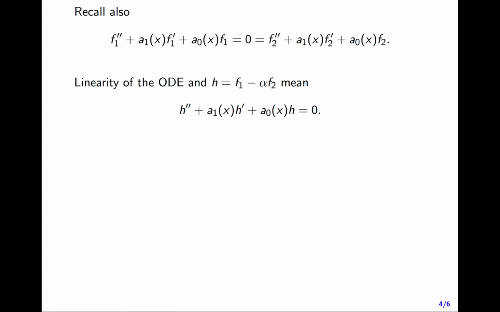This ODE that we started with is linear, like most of the ODEs in the course. And h equals f1 minus alpha f2 is a linear combination of f1 and f2. This just means h double prime plus a1 of x h prime plus a0 of x h equals 0. In other words, h solves the original ODE we started with.